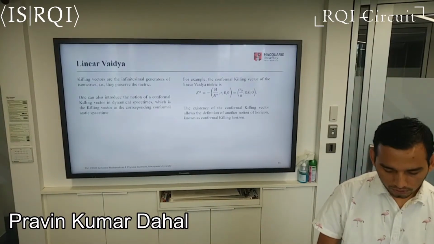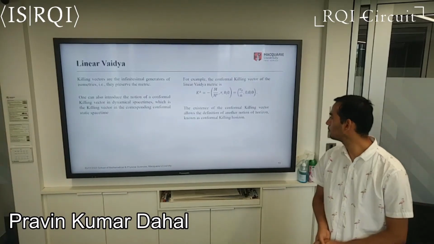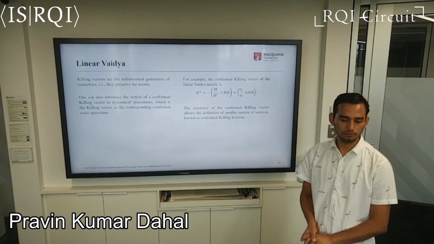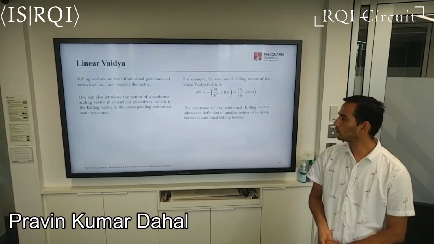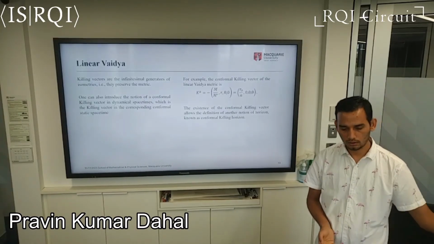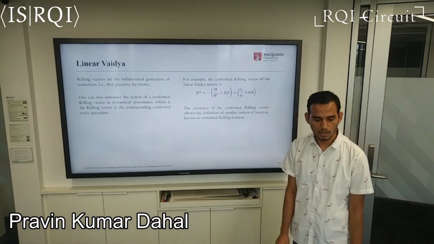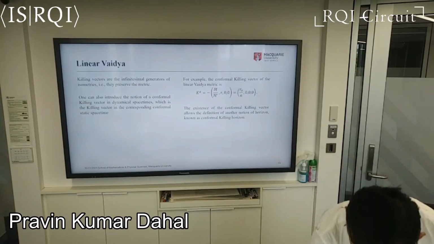From this conformal Killing vector, we can define another notion of horizon, which is the conformal Killing horizon. In static space-time, this conformal Killing horizon basically coincides with the event horizon. And the event horizon does not change under conformal transformation. So this horizon is just the event horizon in our dynamical settings also.